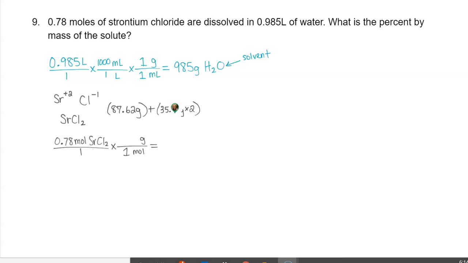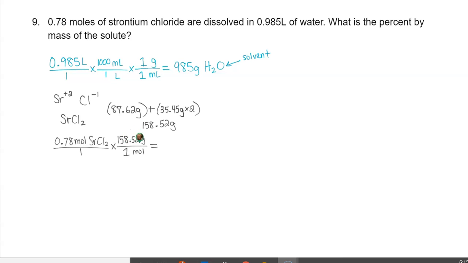I copied it down wrong. 35.45 times 2 plus 87.62. That gives me an overall mass of 158.52 grams.